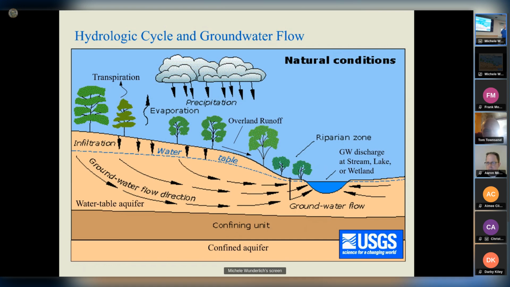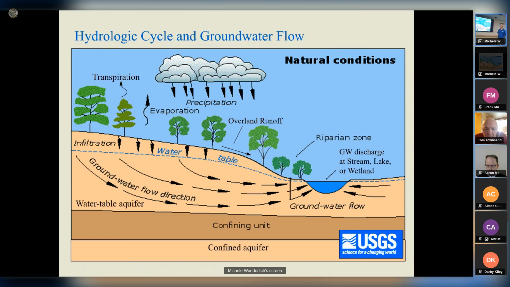If we have an intense summer thunderstorm where it's coming down faster than the soil can take it in, or we have frozen conditions in the winter, frozen soil, then we're going to get overland runoff that's going to go fairly quickly to streams, local lakes, any surface water body.